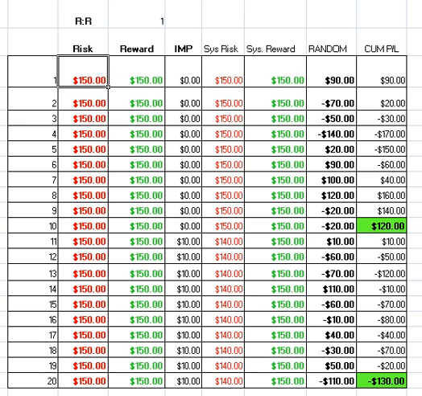So this is your system risk, system reward. Based on the system risk reward, I created a randomized number from minus 150 to positive 150, and it yields this result. This is basically the cumulative profit and loss of the system.